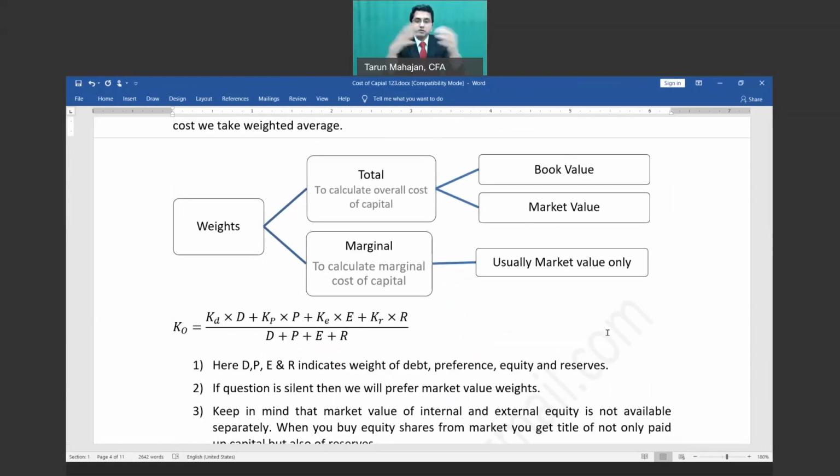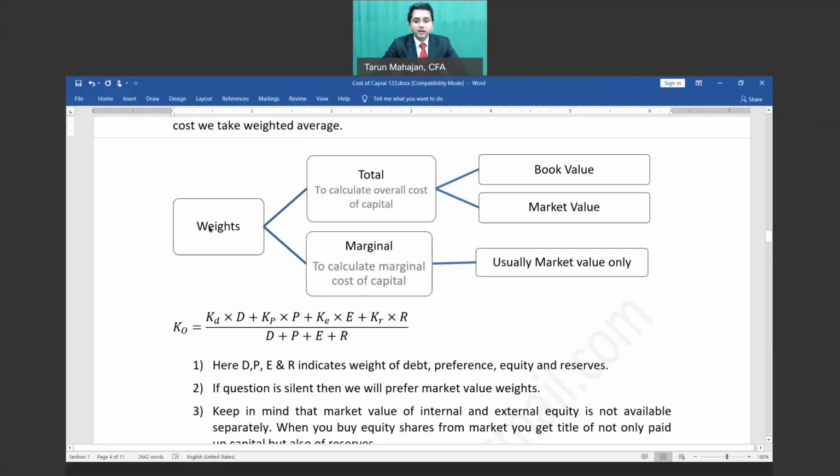I have calculated the cost of 7 sources of finance, but I cannot say that I will procure the entire amount from the cheapest source, because besides cost, I need to consider control and risk also. And that's why I prepare a mix of various sources of finance, and that's why I need to calculate the weighted average cost of capital.